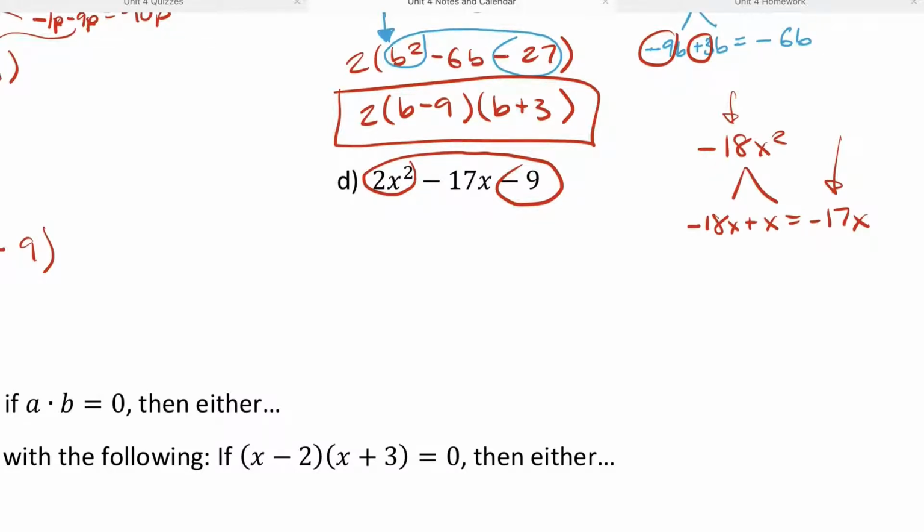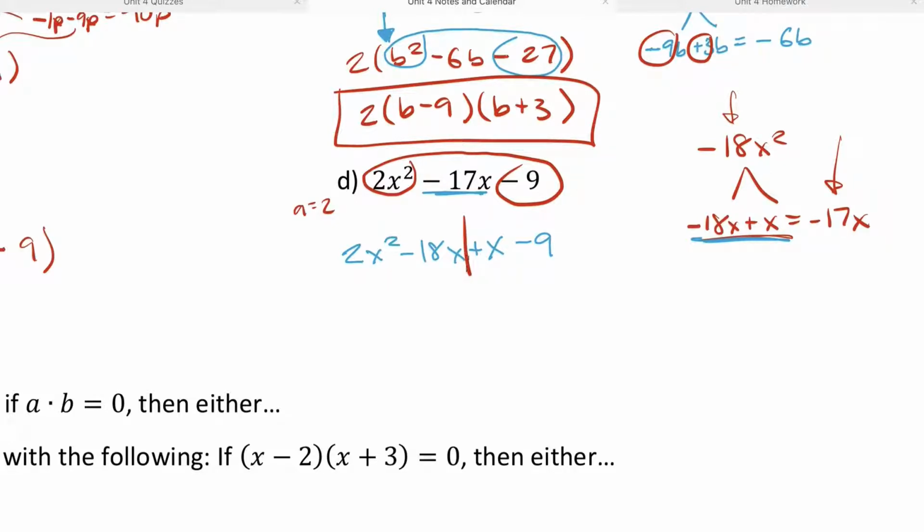Then since a is not 1, a here is 2, so we would need to substitute this in for negative 17x. So we'll have 2x squared minus 18x plus x minus 9. And then we'd need to group.